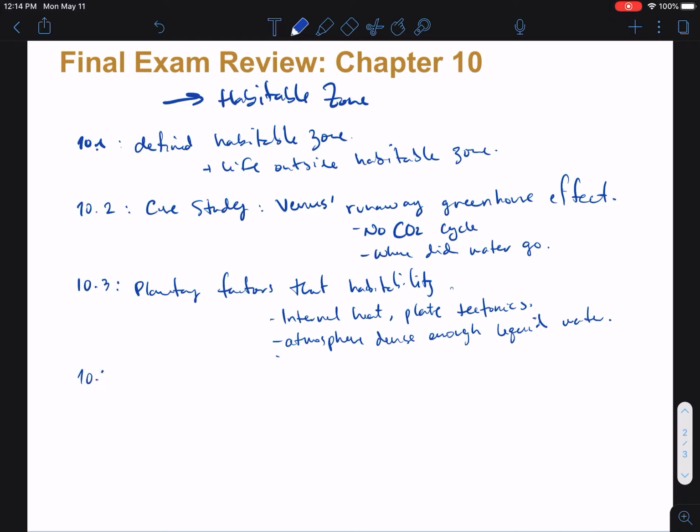So we then move to 10.4, looking at the evolution of the sun and the sun's habitable zone over time. The sun is going to get brighter. It's going to get bigger.